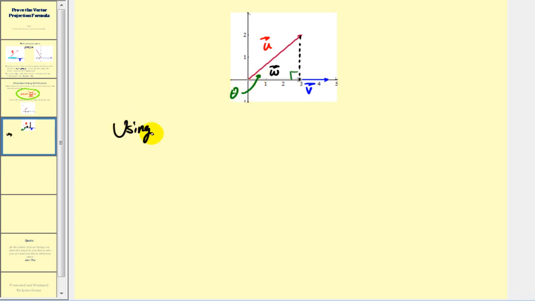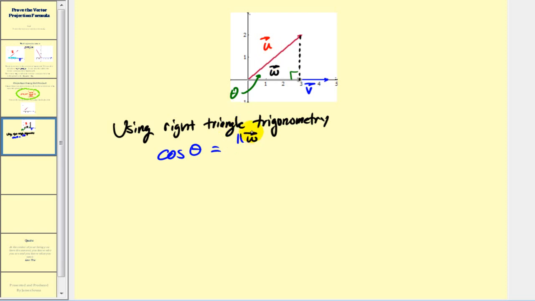So using right triangle trigonometry, we could say cosine theta would be equal to the magnitude of w divided by the magnitude of u. Remember, our ultimate goal is to determine the formula for vector w, which is the projection of u onto v.